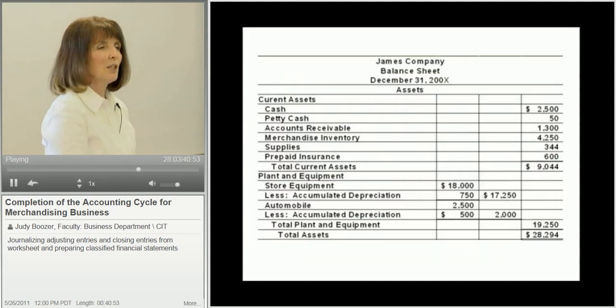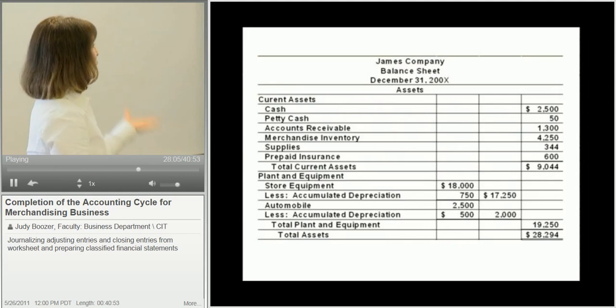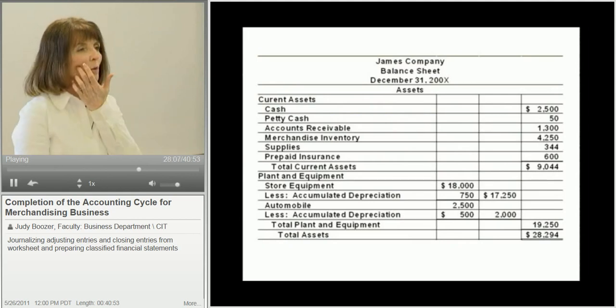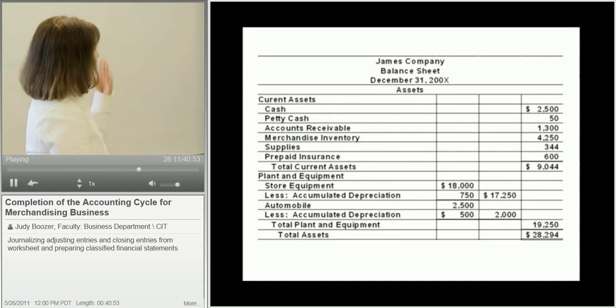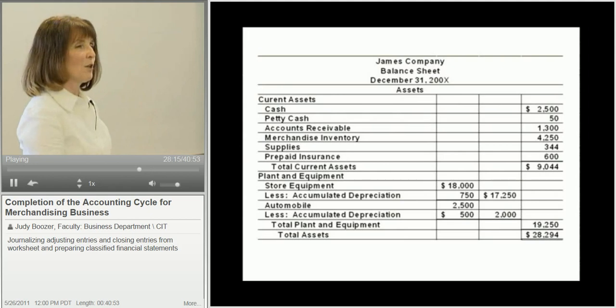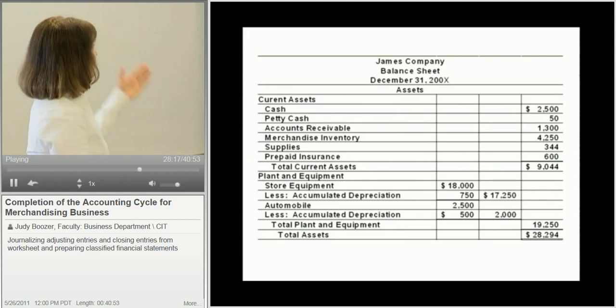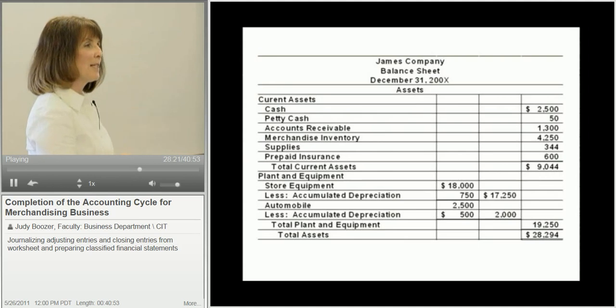So let's take a look at actually what the balance sheet may look like. And again, the format of it can be different, but this is the order in which it's shown. Always listing assets first. See our current ones listed, then you get the total for those current assets.